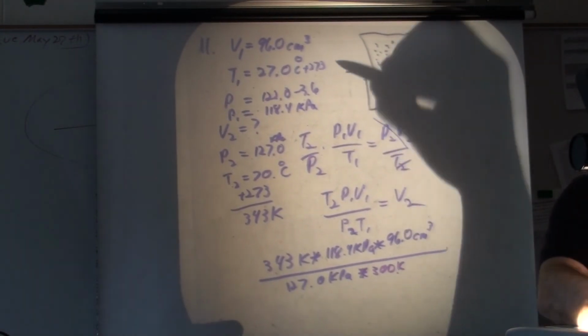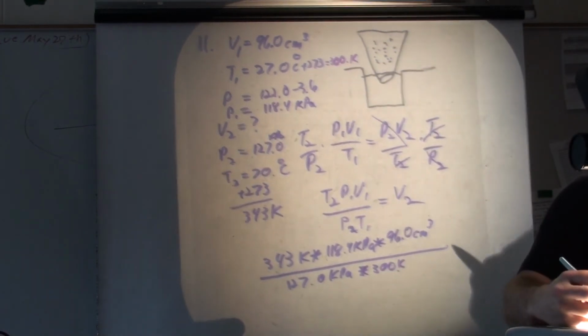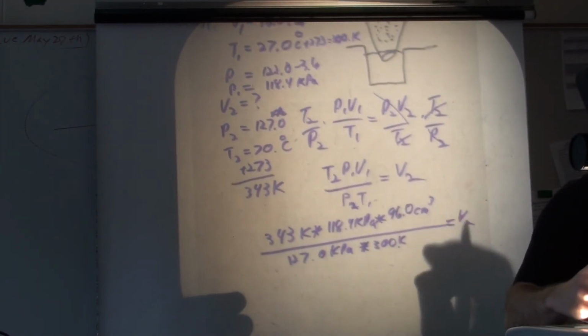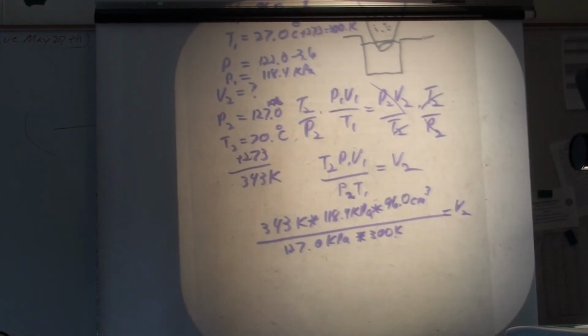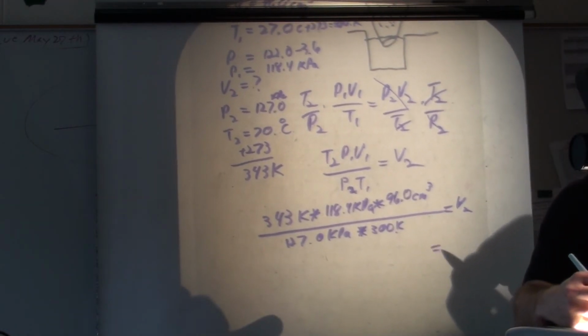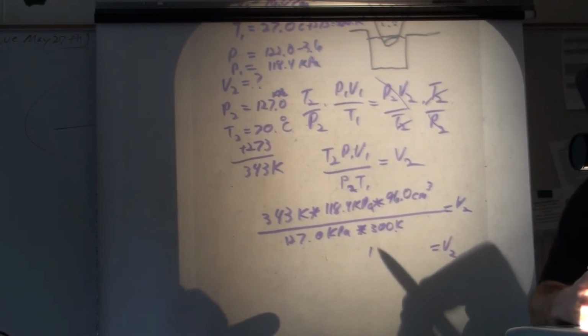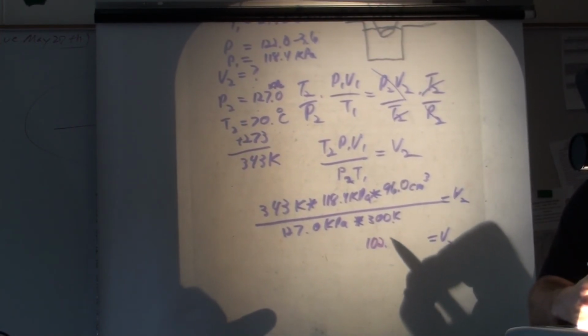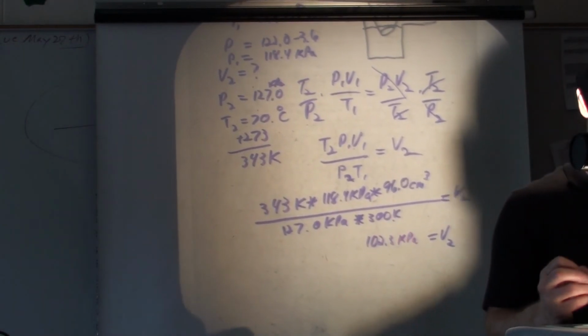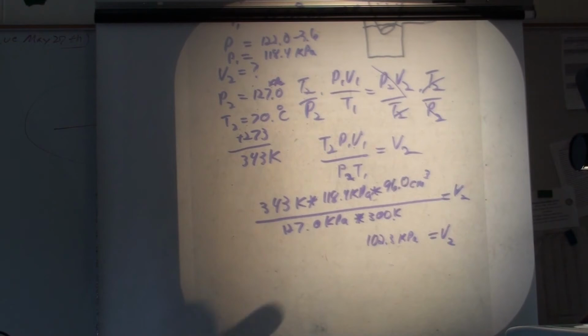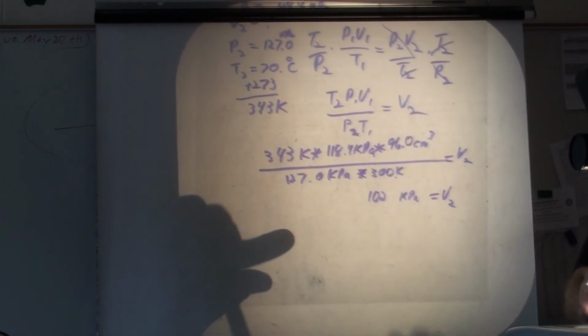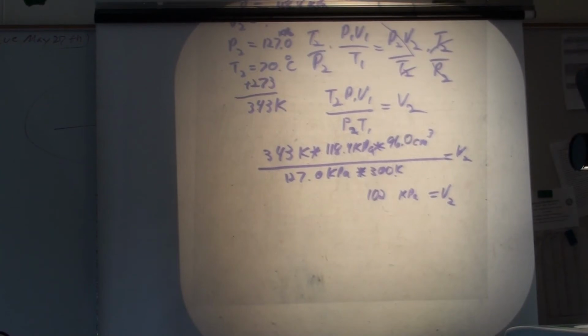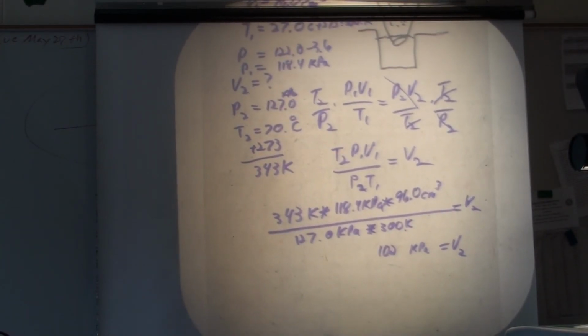That's 300 Kelvin. So 343. Final answer is, really I should have 3 sig figs, not 4. So the final answer is 102. And yeah, that's a little tricky one. It's a lot of work there.